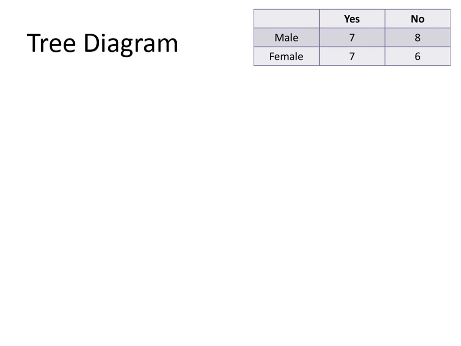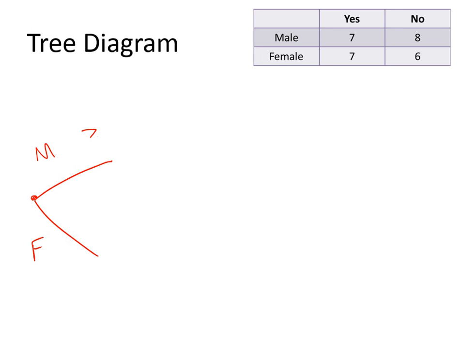All right, so now the next thing is by using something called a tree diagram. And a tree diagram is just a way of writing everything out so that you're able to find what you're looking for. So what you'll do is you'll start with a single point, and you'll go, okay, break it up. Either it's going to be male on top, or it's going to be female on the bottom. Now, what's the probability that it's going to be male?